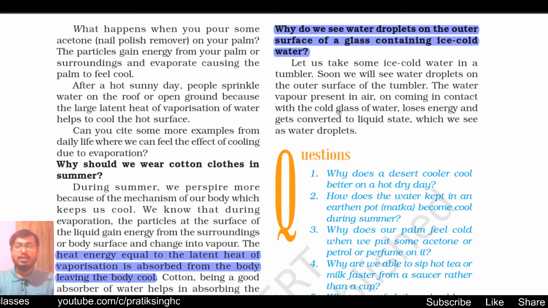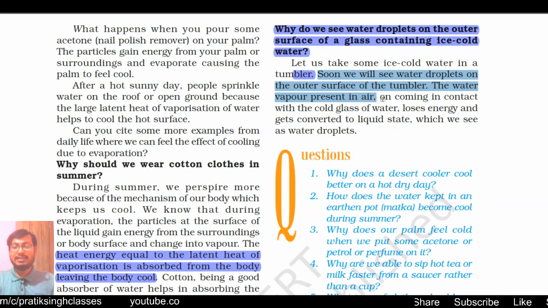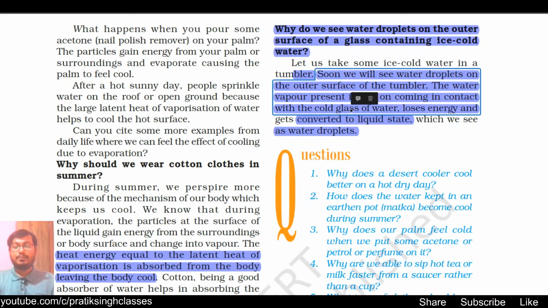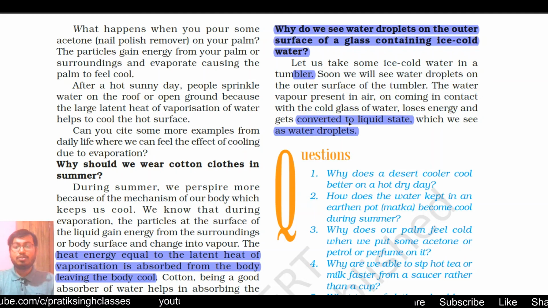Let us see how. What really happens there is, the ice cold water is in the tumbler. Soon we will see water droplets on the outer surface of the tumbler. The water vapor present in air, on coming in contact with the cold glass of water, loses its energy and gets converted into liquid state, which comes in the form of water droplets. So that is the reason water droplets stick to the cold surface.